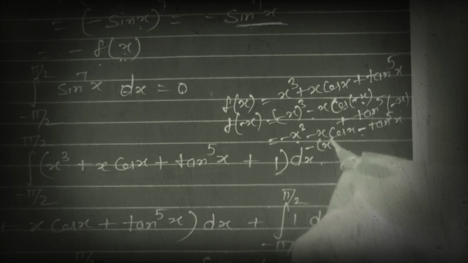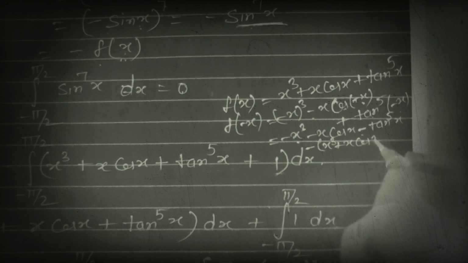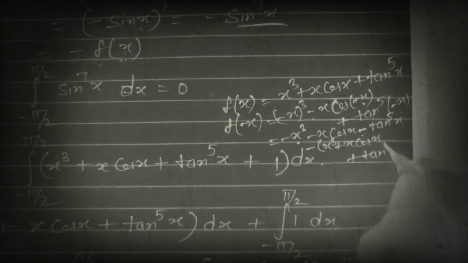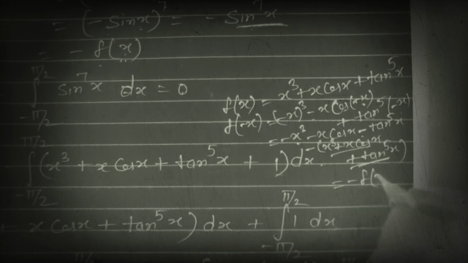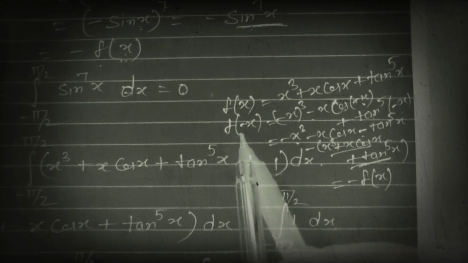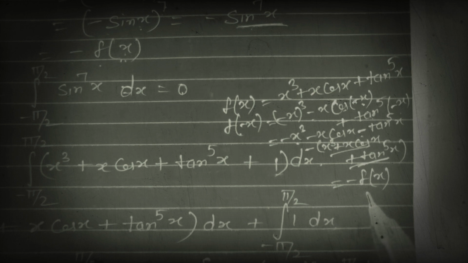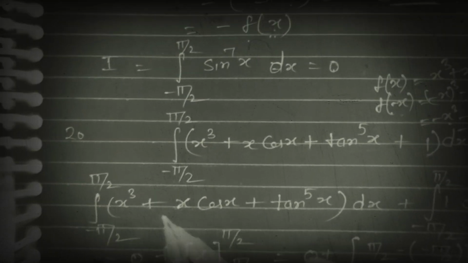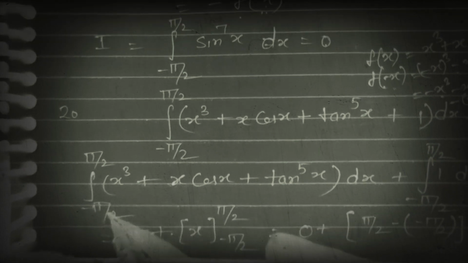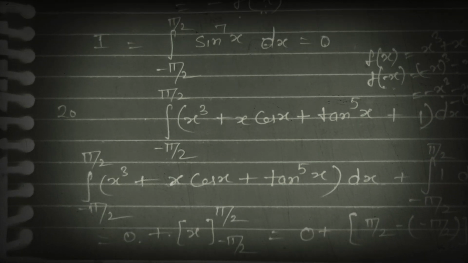So it is x cube plus x cos x plus tangent raised to power 5 x, and this is f of x. So we can write this is minus of f of x. So here f of minus x is minus f of x. This is odd function. So if it is odd function, then this value is 0. Integration of this is 0 when limit is minus pi by 2 to pi by 2.